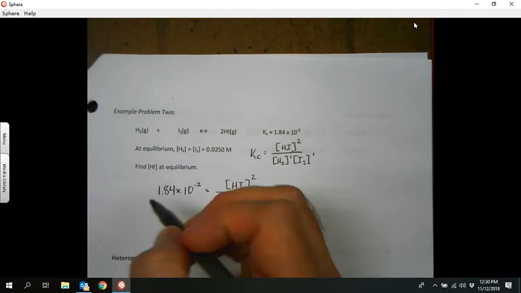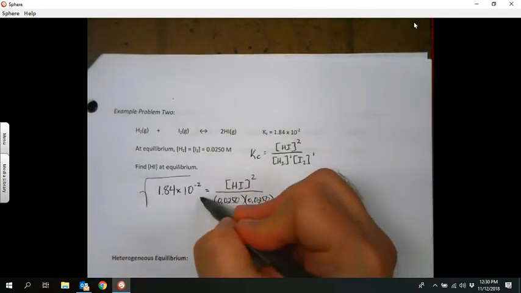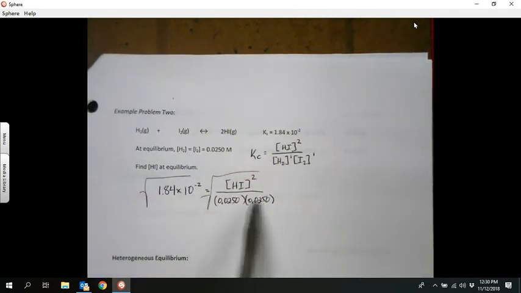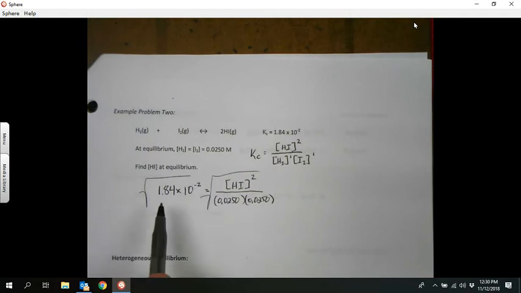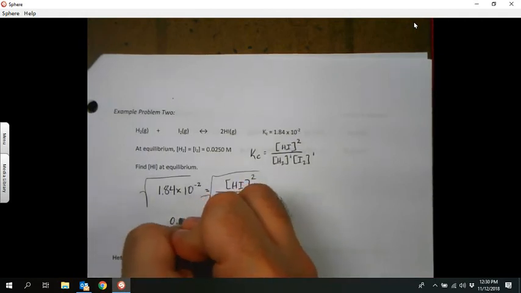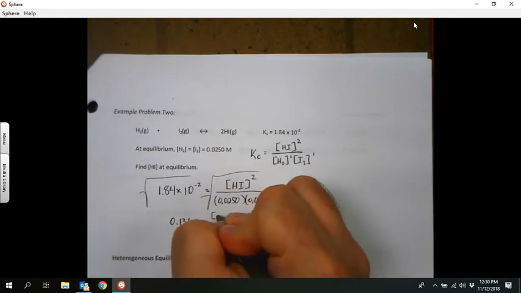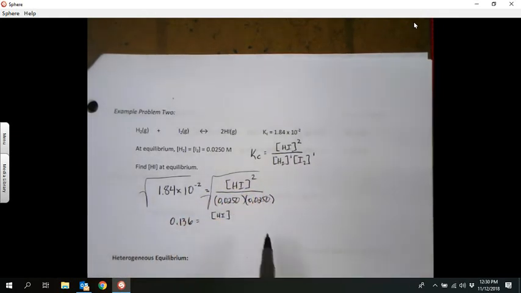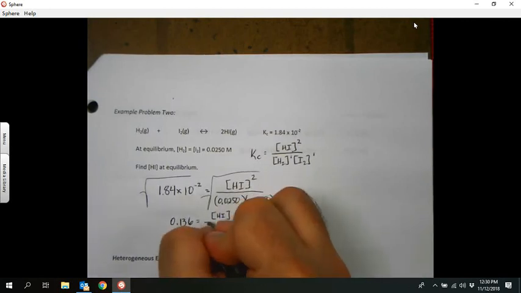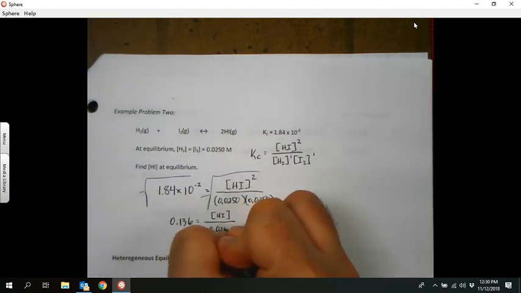So let's do that. We'll get the same answer if you do it the other way too, which is multiply both of these out, multiply by that, and take the square root of your product, but this is a little bit easier. So I'm going to stick with the significant figures. So 0.136 is going to equal the concentration of HI. Since I took the square root of HI squared, that's just HI over 0.0250.